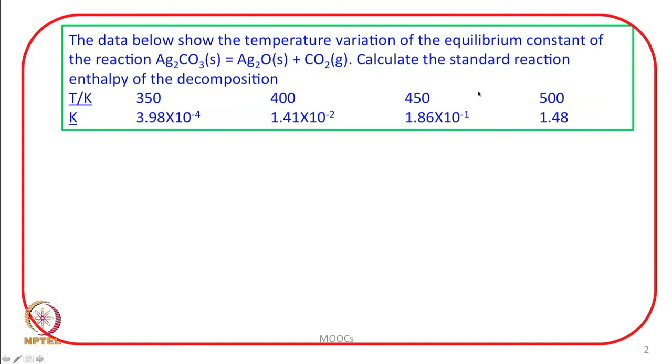We have been asked to calculate the standard reaction enthalpy. So, immediately we should think of some relation which connects the temperature dependence of equilibrium constant with the enthalpy, and this equation is the well known van't Hoff equation. Let us see what is van't Hoff equation.